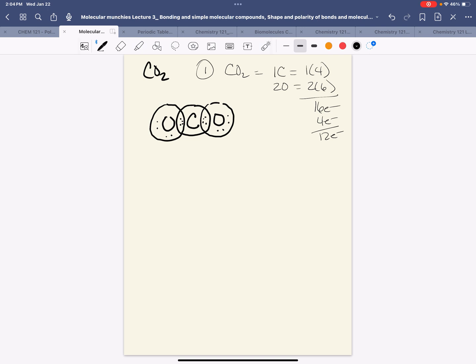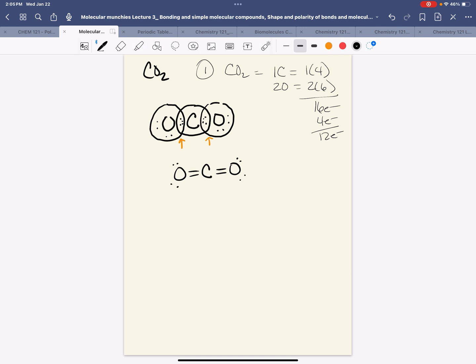And then I'm going to see again that now oxygen, by sharing these electrons and these electrons, both oxygens get 8 and carbon gets 8. So when I look at that and clean this up a little bit, you see that I have 2 bonds between the carbon and each oxygen, and 2 lone pairs on each of the oxygens.